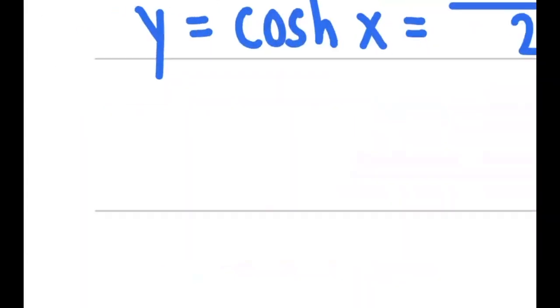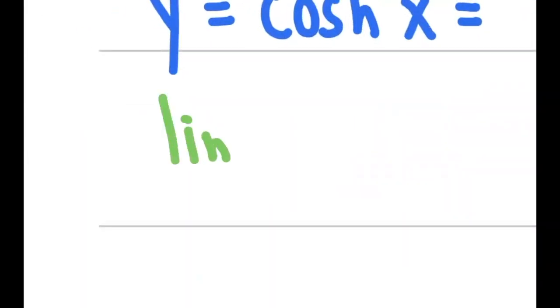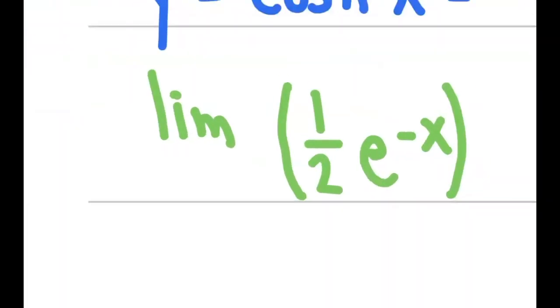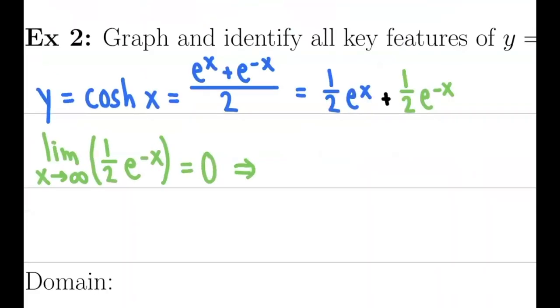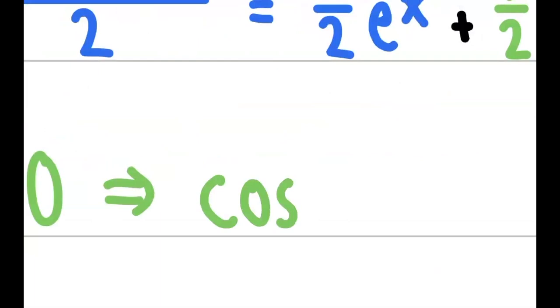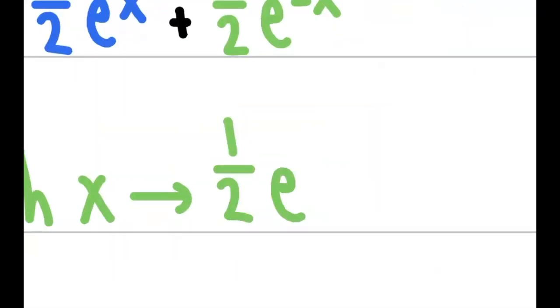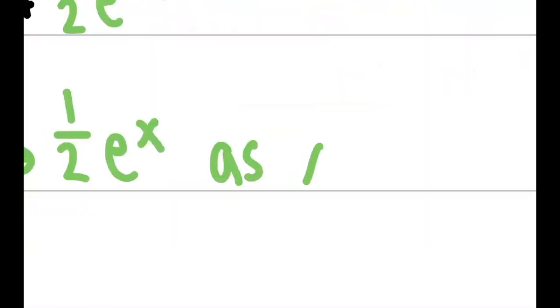Like I said earlier, the limit of 1/2 e to the negative x as x approaches infinity is 0. So this term is going to die out, and the blue graph is going to dominate. So cosh of x is going to approach 1/2 e to the x as x approaches infinity.